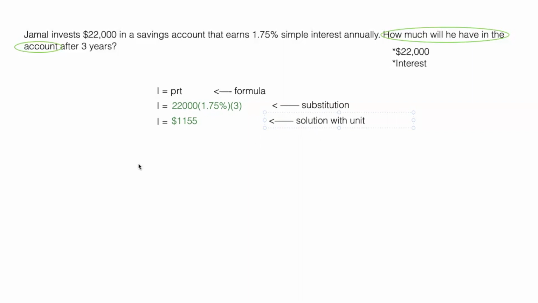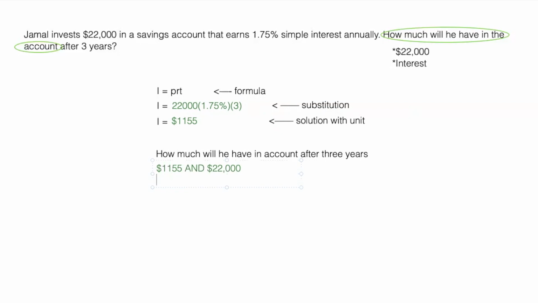So we found the extra money, 1,155. Good, he'll have that interest. $1,155 interest will be in the account, and he'll have something else in the account. What else will be in the account? Oh, $22,000. Good. The original amount he put in there will still be in there, of course. Nobody took it out. So now any thoughts about how, if he has 22,000 and then he gets another 1,155, I could put that together mathematically?